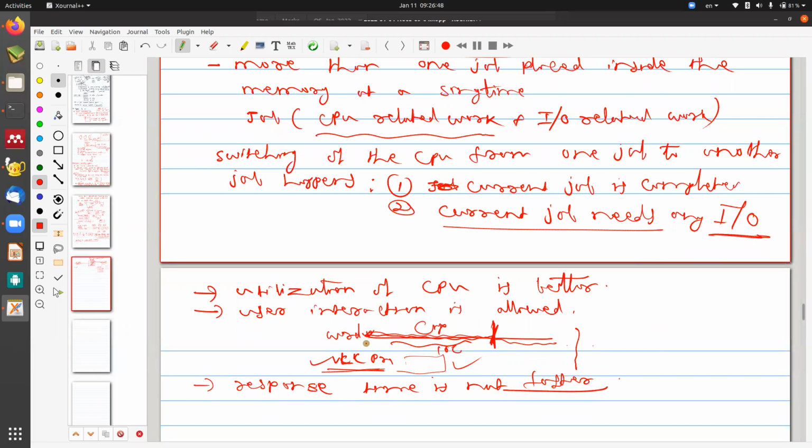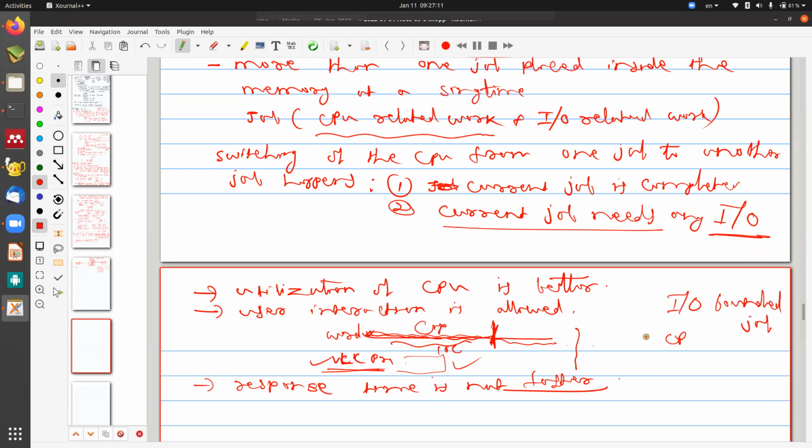Otherwise, if my current job is mostly CPU bounded, then the response time for the other jobs will be quite high. But if the current job is IO bounded... what is IO bounded, what is a CPU bounded job?